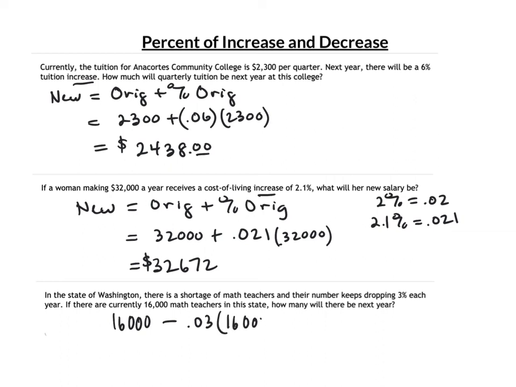Same formula. We're getting a new price by taking the original and decreasing, because it's going down, 3% of the original. Punch that in the calculator, and the result is 15,520 teachers, math teachers.